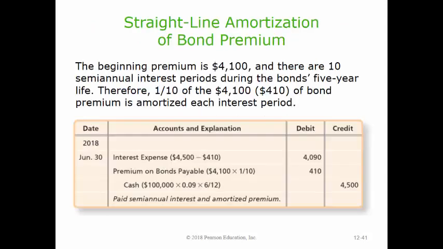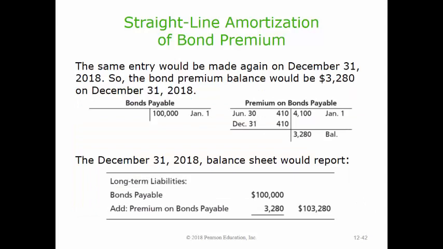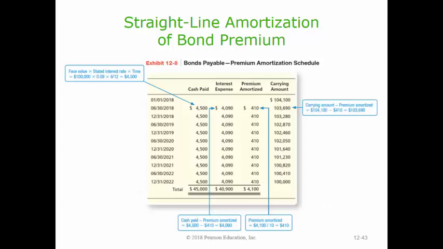Interest expense of $4,090 is the stated interest of $4,500, which is paid in cash, minus the amortization of the premium of $410. This same entry would be made again on December 31st, 2018, so the bond premium balance would be $3,280. Exhibit 12.8 shows the amortization schedule of a bond issued at a premium.